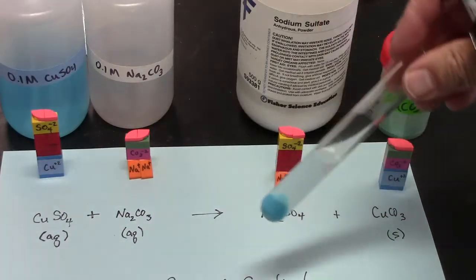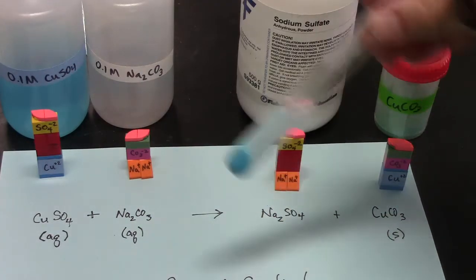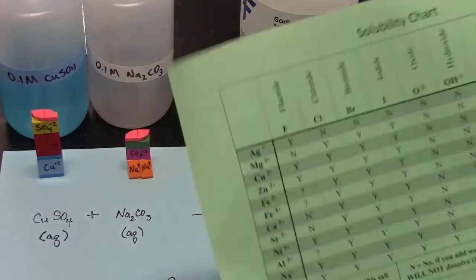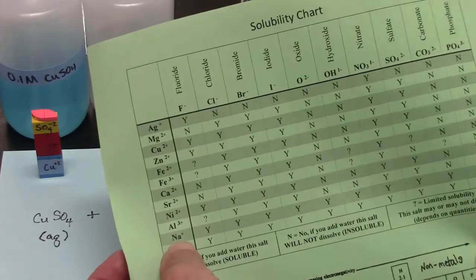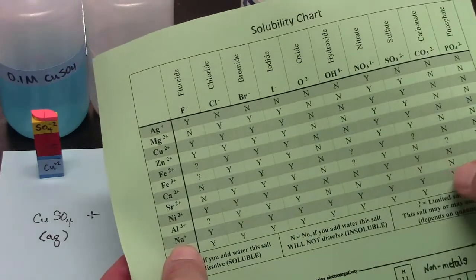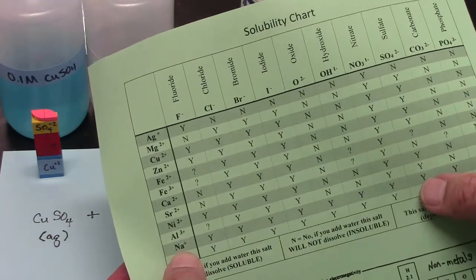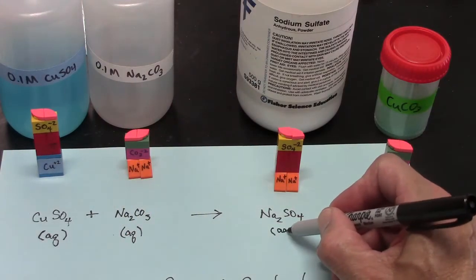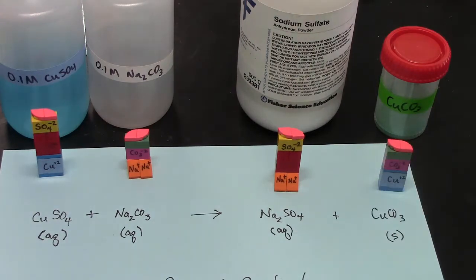It formed in the reaction. There it is. You can see it. Sodium sulfate, on the other hand, if you look at your solubility chart, sodium sulfate, sodium anything, is, yes, soluble. So this sodium sulfate remained aqueous, dissolved.